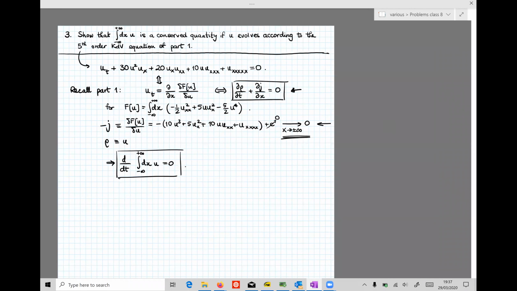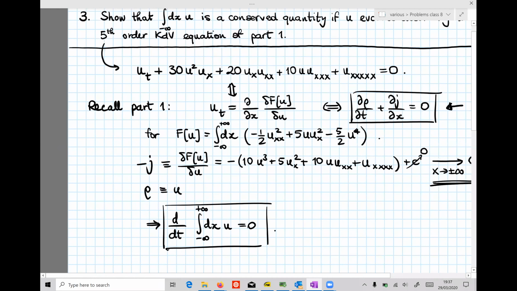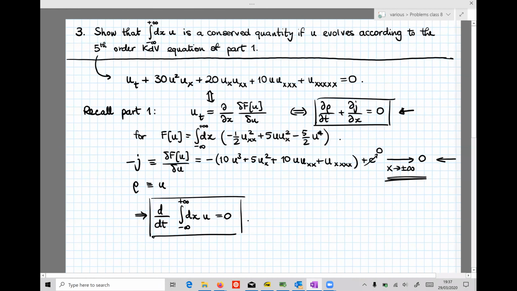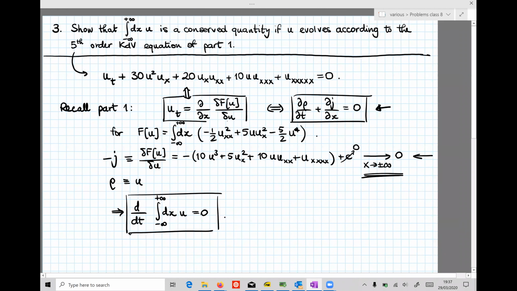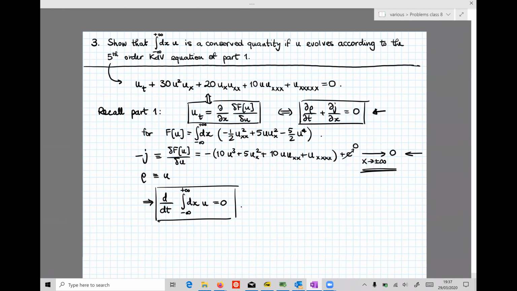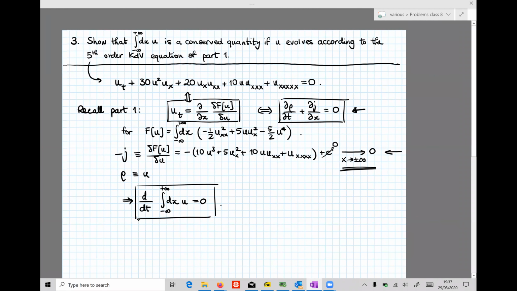So the important point here to realize with this exercise is that equations of the type written here are always written in the form of a conservation law. And in particular, we saw in the lecture that all the equations in the KdV hierarchy are written in this way.